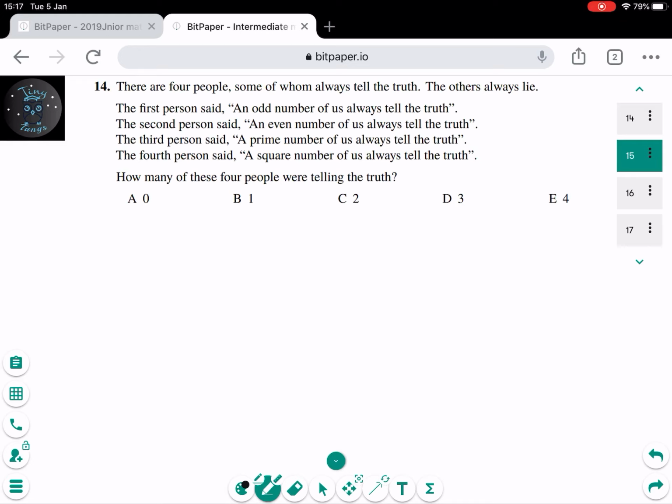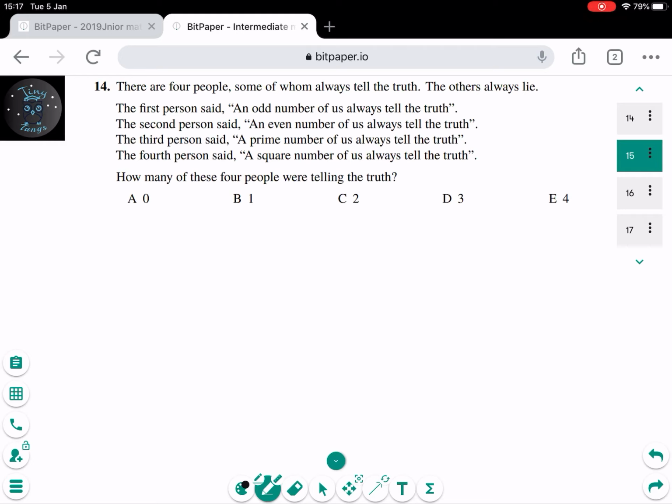For question 14, this question isn't really that hard if you know where to look. So basically, you know that because it says an odd number and an even number, the first two people are contrasting.